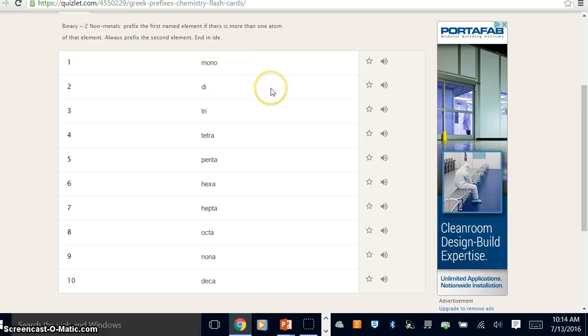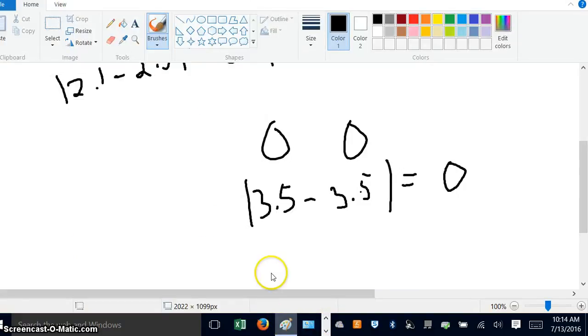We'll see that in just a minute. Di means 2, tri is 3, tetra 4, penta is 5, hexa is 6, hepta is 7, octa is 8, nona is 9, and deca is 10. There's more than that, but that'll more than suffice. So mono is just 1.